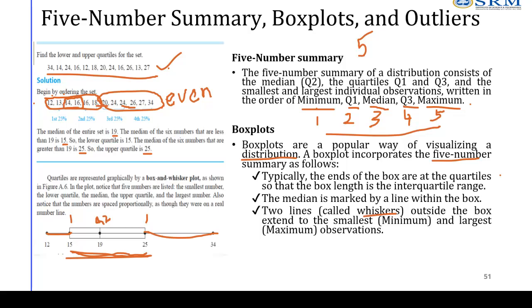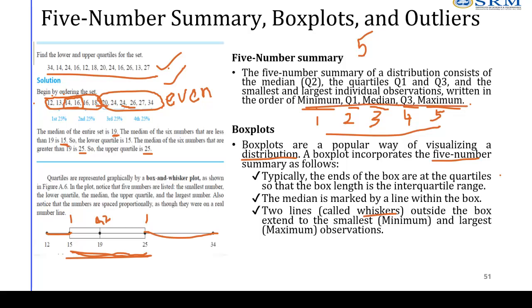Now let's see how we'll draw the box plot for these observations. We have found Q1, which is 15, the median Q2, which is 19, and Q3, which is 25. Let's start with the 5-number summary.